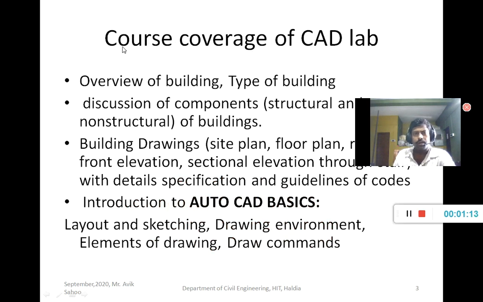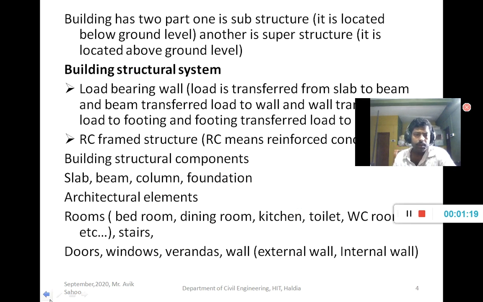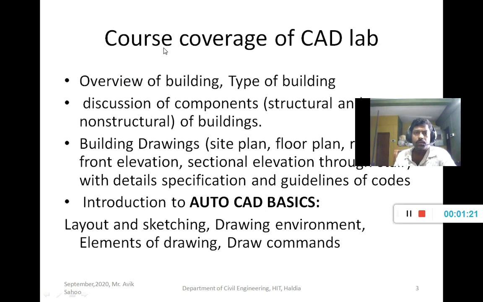So this is the course coverage of the CAD lab, basically the syllabus which I am going to cover. The first topic is building drawing using AutoCAD.